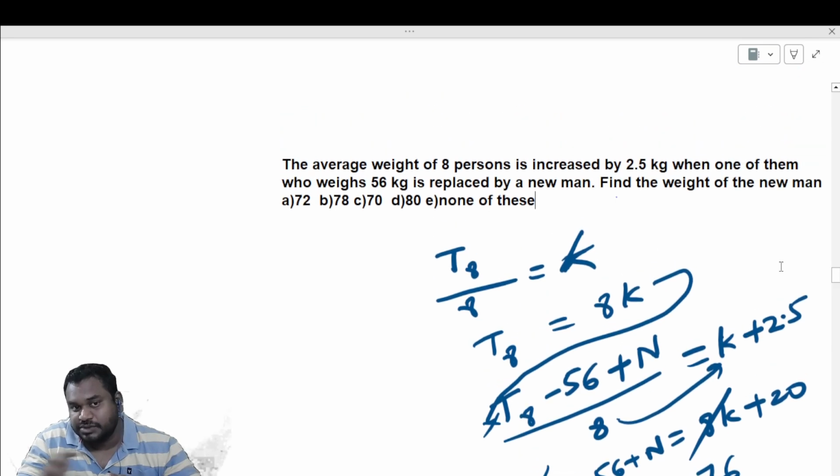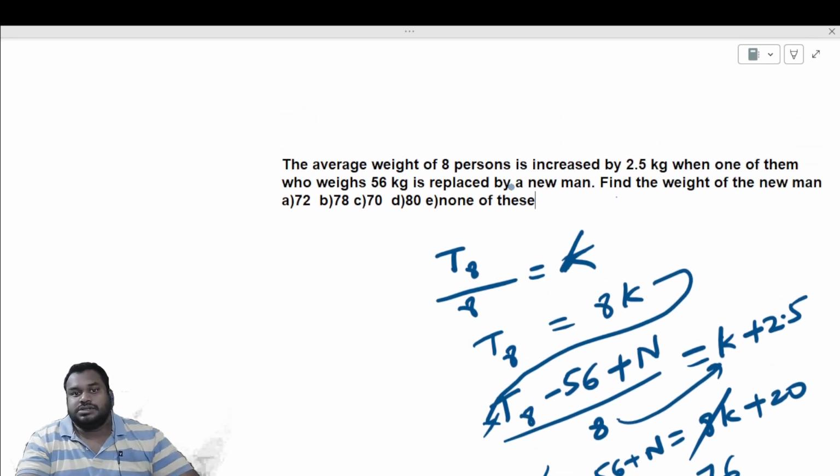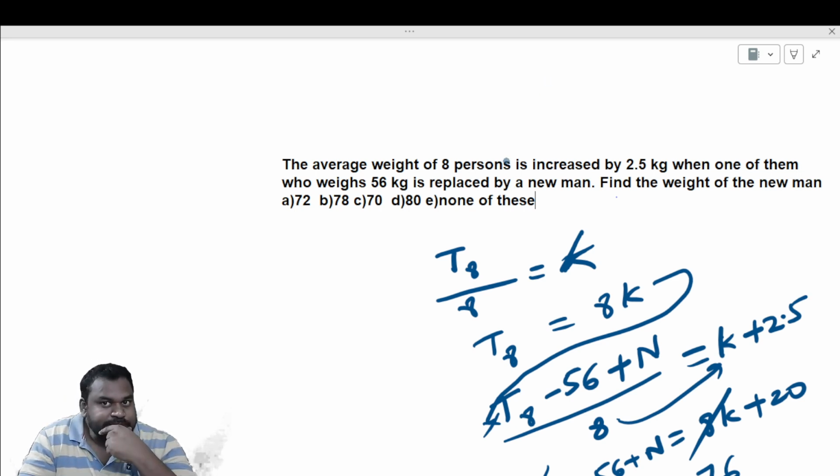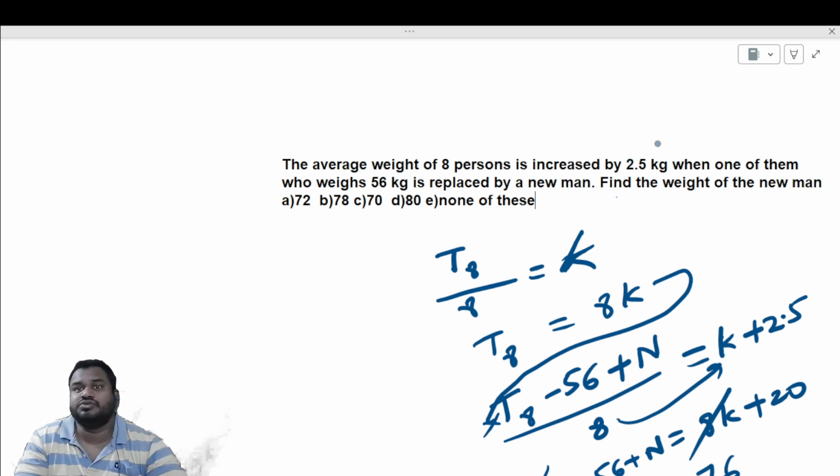But observe the question. The shortcut is: there were 8 persons, and the average is increased by 2.5 kg. A person having a weight of 56 kg left and another person joined. Because of the joined person, the average is increased by 2.5.